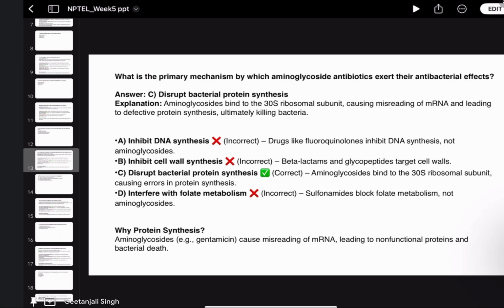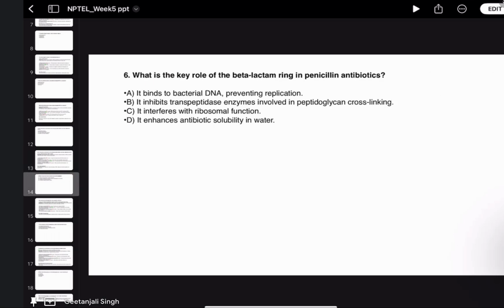Options A and B are incorrect because cell wall synthesis is targeted by beta lactams, and DNA synthesis is inhibited by the class of antibiotics called quinolones. Folate metabolism is targeted by sulfonamides. Aminoglycosides disrupt bacterial protein synthesis. Let's see the next question.